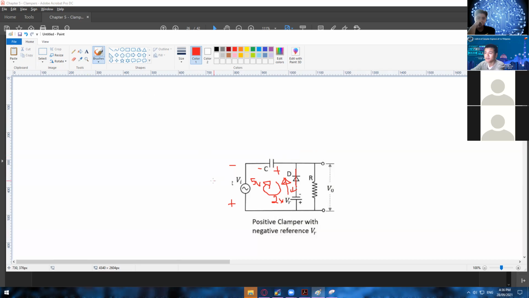Kung ano man yung final value natin kanina, let's say at negative 3 volts, this will be charged negatively, and then this will be discharged positively. So that is why our VMC is equal to 3 volts. Okay, so that's what happened on why this one is 3 volts, even though initially this VR cannot pass through this side, since again this will become a reverse bias.